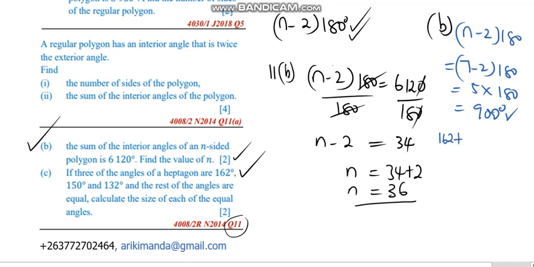162 plus 150 plus 132 plus 4x, the remaining 4 angles which are equal, gives us 900. This is right. So if we sum up these 3 given angles, we get 444 degrees plus 4x equals 900.